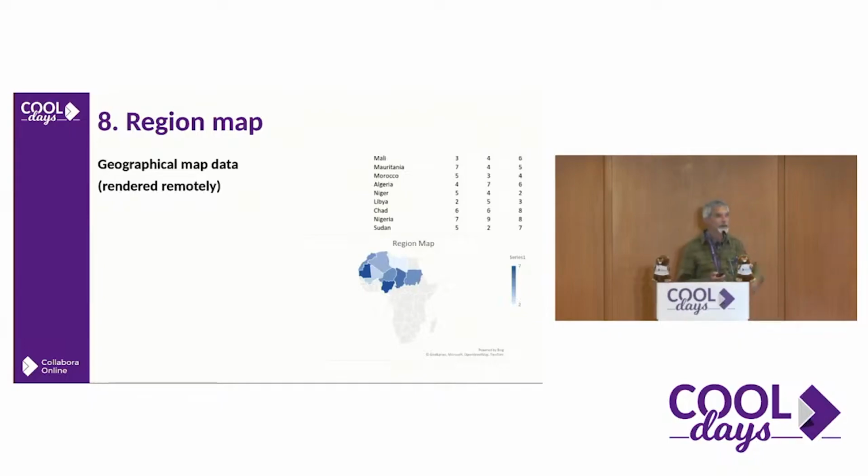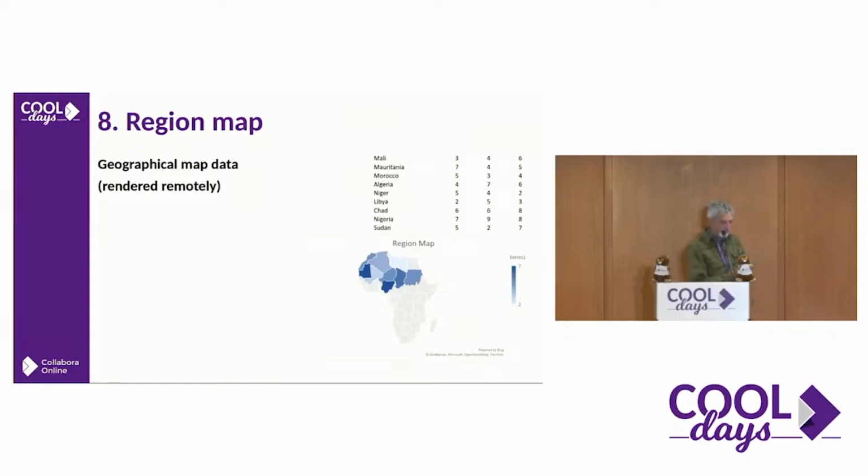So this is not being rendered locally in your desktop. This is being sent off to the cloud and rendered in some Microsoft server someplace, and then being sent back as a bitmap of the data of the map. So it's interesting. This would be a challenge to implement on the render side, needless to say.